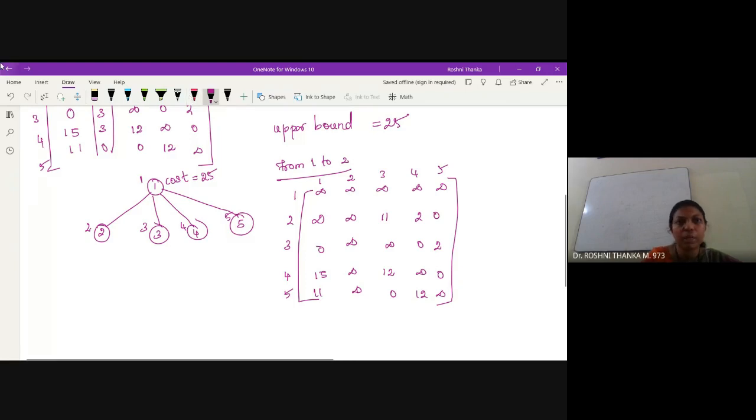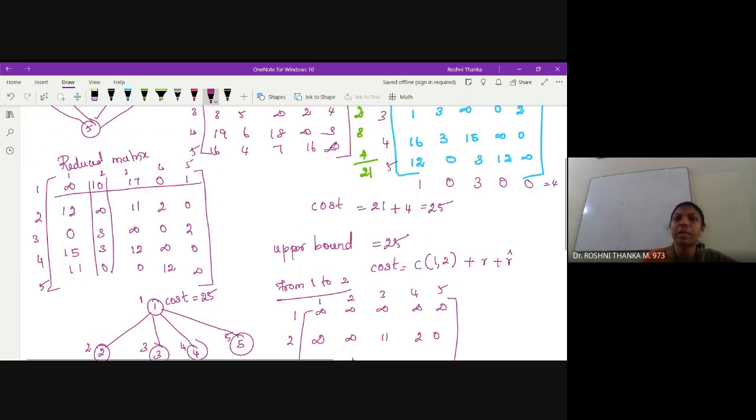The cost formula is: cost is equal to cost of 1 comma 2, plus its root node cost, plus the newly updated matrix's cost. So we will do this, then you will understand.